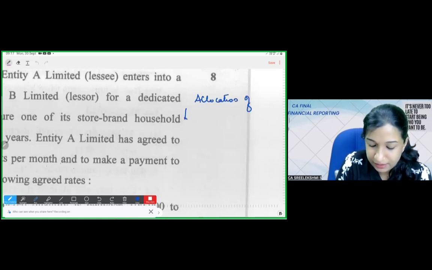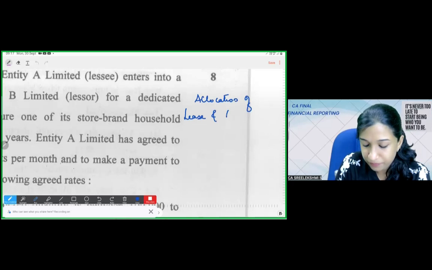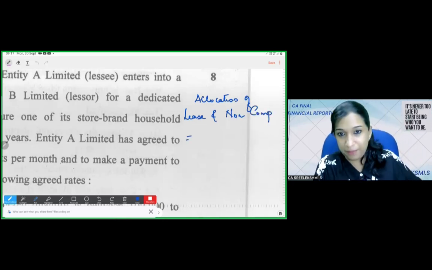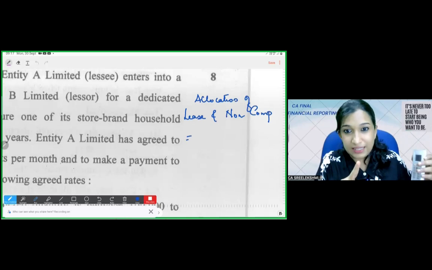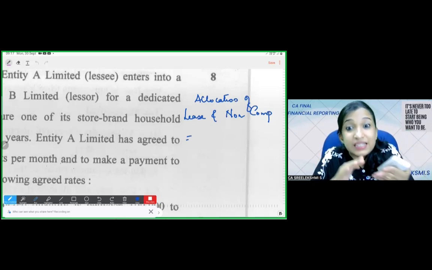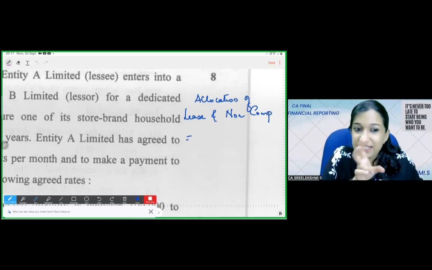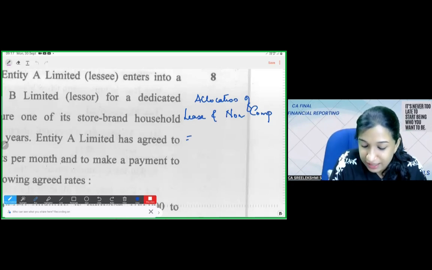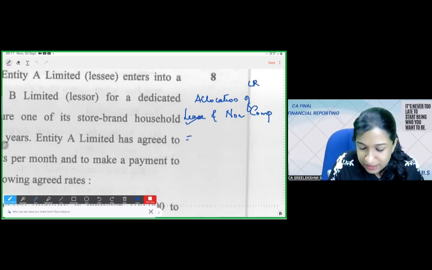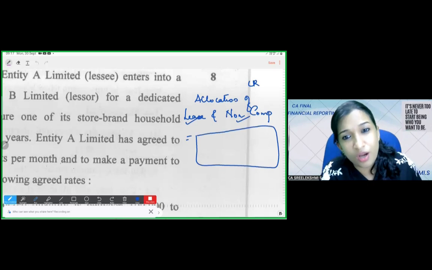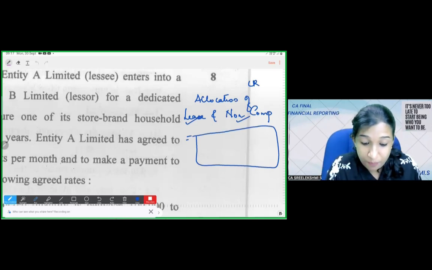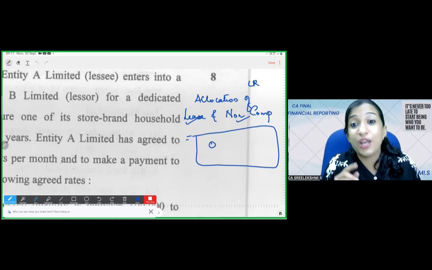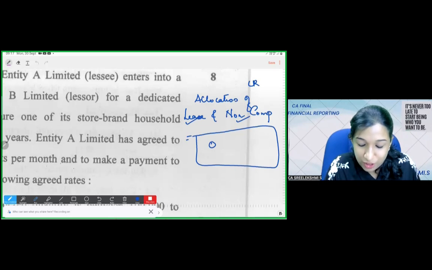Now, as per IND AS 116, consider allocation between lease and non-lease components. If there is a payment not just for one asset but for the asset and some other expense, is allocation of lease rentals between lease and non-lease components mandatory or optional? For lease and non-lease, it is optional.